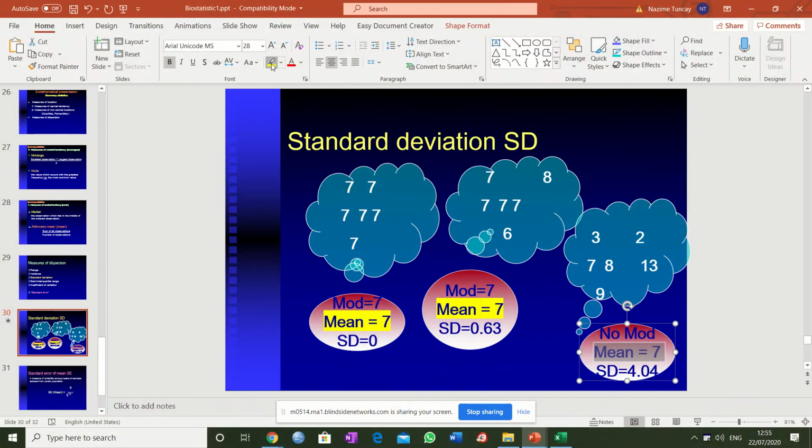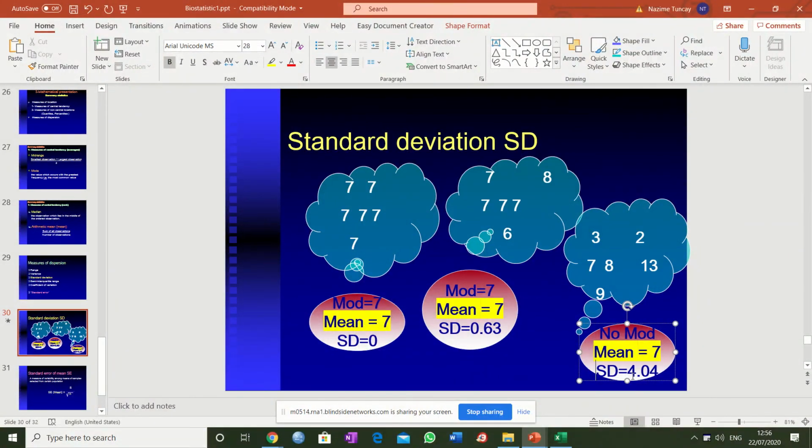This is also a good example of standard deviation. What is the standard deviation? When all the measurements are the same, standard deviation is 0. Here, standard deviation is 0.63 because they are not very different. When they are very different, standard deviation is high.